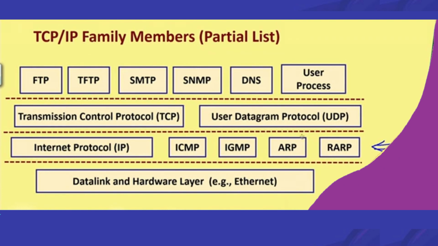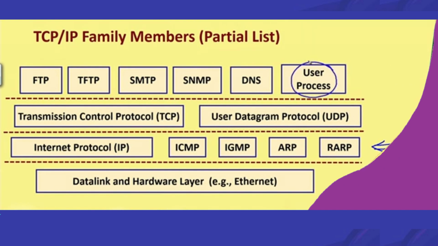At the higher layer, transport layer, there are two alternate protocols, TCP and UDP, transmission control protocol and user datagram protocol. And at the topmost layer, application layer, you can have any arbitrary user applications running.